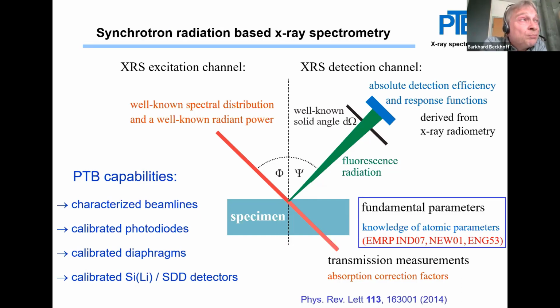So for an X-ray tube, this is known with uncertainties of about 20%. The same holds on the detection side. You get a data sheet from the manufacturer and you get a good estimate of the efficiency of the detector, but you need to rely on, let's say, standard data, but not measurement data on the system that you actually use. And our key competence is to provide this information, all these instrumental parameters.